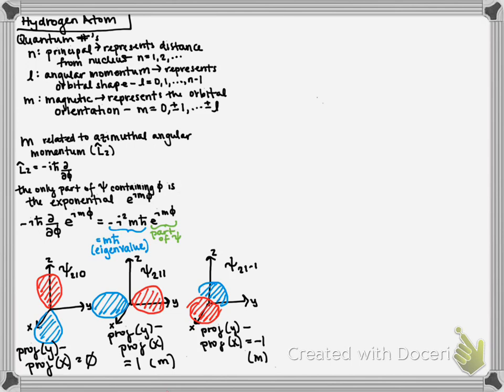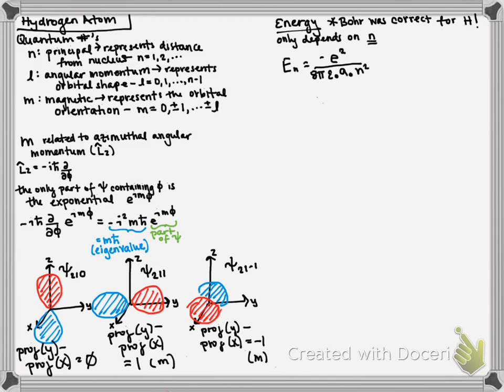Okay, so now let's also look at the energy levels for the hydrogen atom. Keep in mind here that Bohr was correct only for the hydrogen atom, not for anything else, but the Bohr model is actually perfectly correct for hydrogen. So if you remember back to your Bohr model, or the Rydberg equation, energy depends entirely on one quantum number, and that's n. So E is always written here as a function of n for the hydrogen atom.